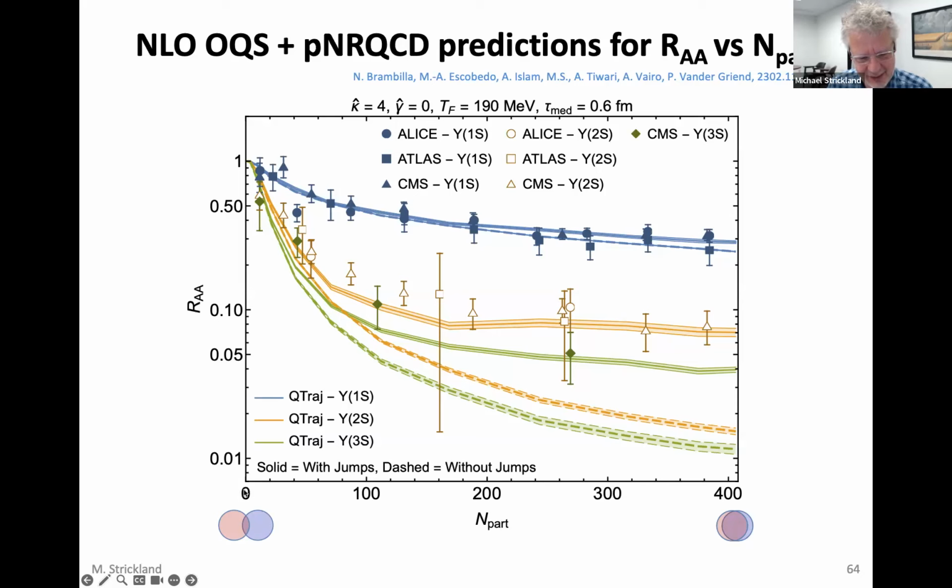Over here is a glancing collision where we expect maybe not to, eventually at 0, we don't make the quark-gluon plasma. And over here is where we make the hottest, longest lived quark-gluon plasma. And the vertical axis is RAA, now on a log scale, because these excited states, as it turned out, are so suppressed that you need a log scale to resolve them.